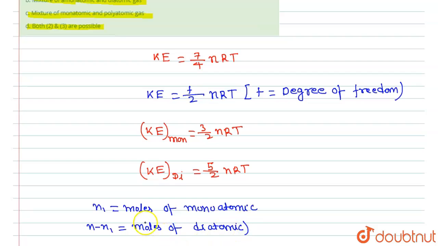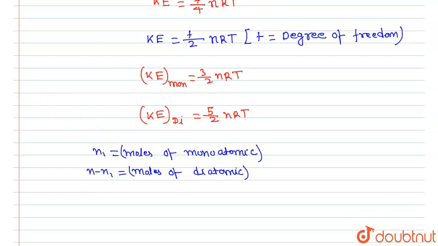Now if we find the kinetic energy of the combination, for monoatomic it is n1 times 3 divided by 2 RT, so 3 by 2 n1 RT. This is the kinetic energy for monoatomic.